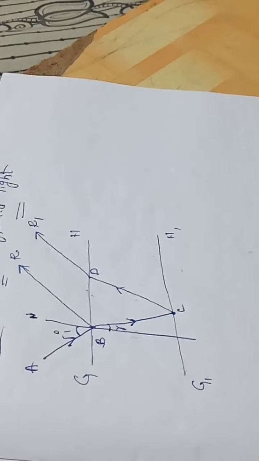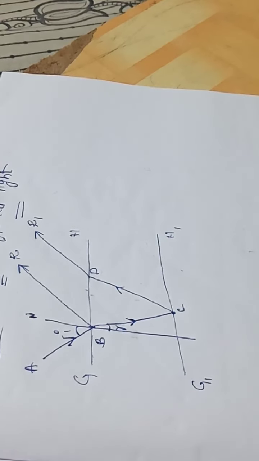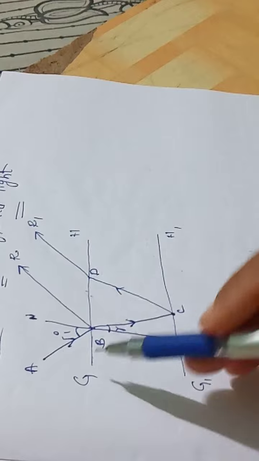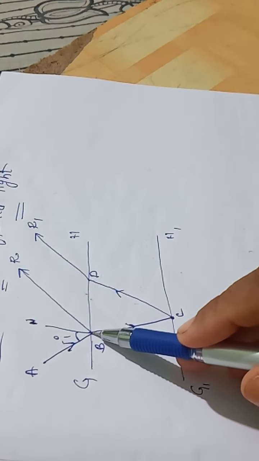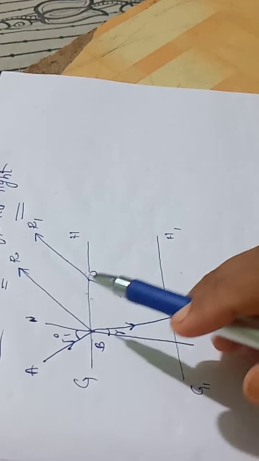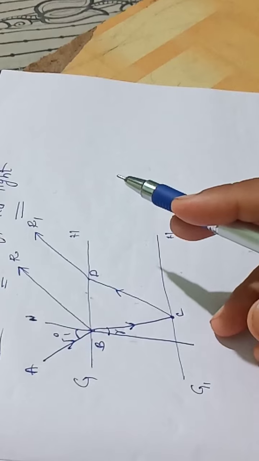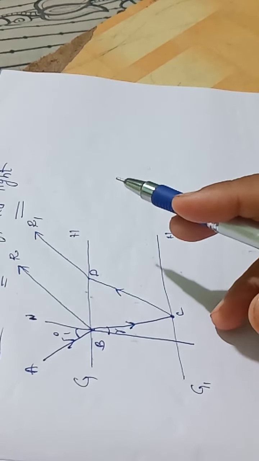So here we are talking about interference due to division of amplitude. It says that the incident amplitude divides into two parts, travels unequal distances, reunites and produces an interference pattern.